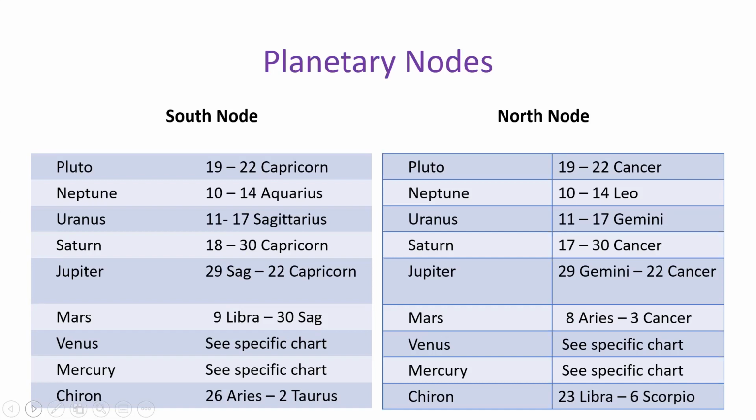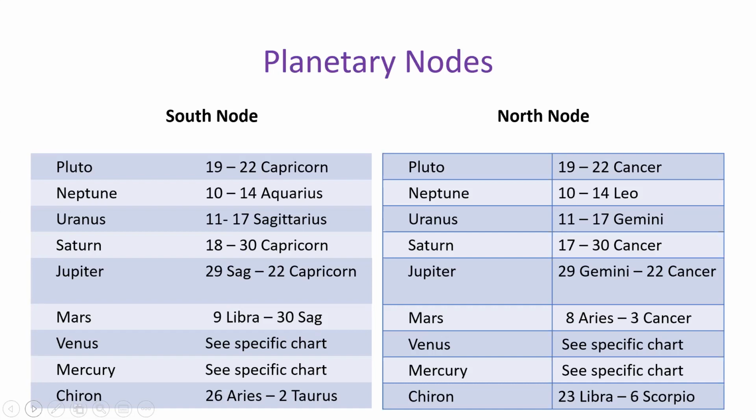Mars between 9 degrees Libra and 30 degrees Libra for the south node, and for the north node, 8 degrees Aries, 3 degrees Cancer, all the way to 3 degrees Cancer. Venus and Mercury, you have to draw up the chart to see where the positions of Venus and Mercury sit. Chiron hovers between 26 degrees Aries and 2 Taurus in terms of its south node, and Chiron's north node, 23 degrees Libra to about 6 degrees Scorpio.